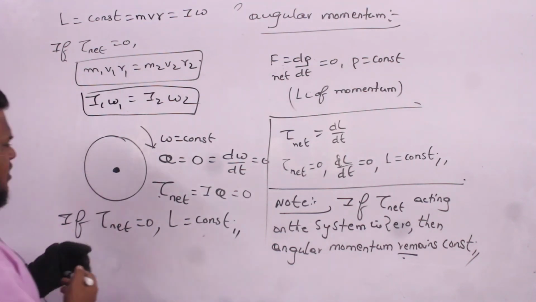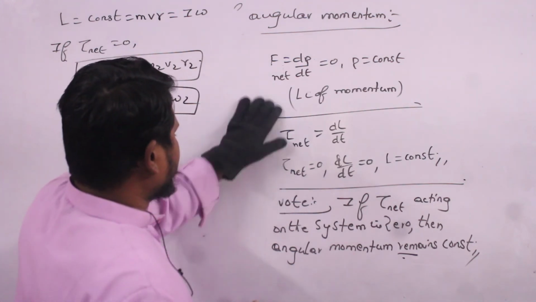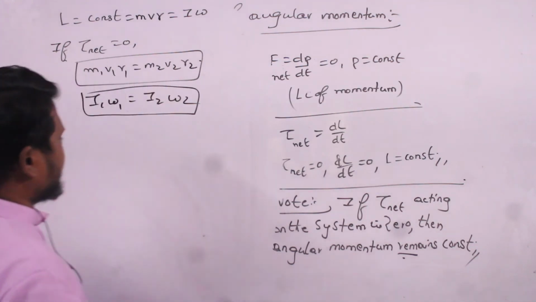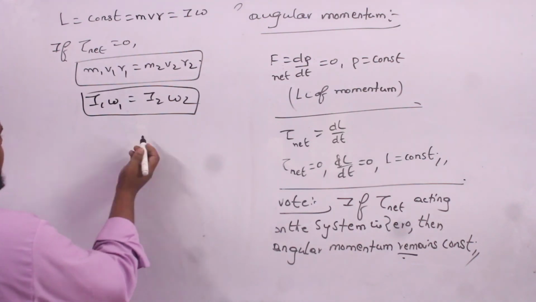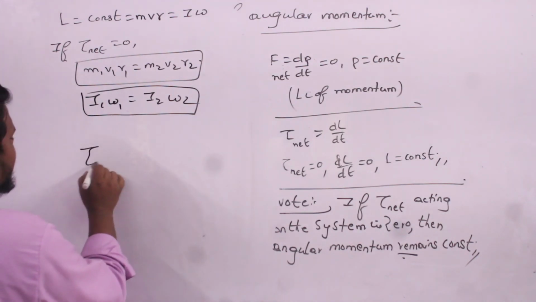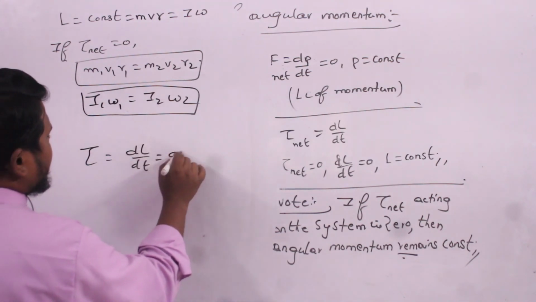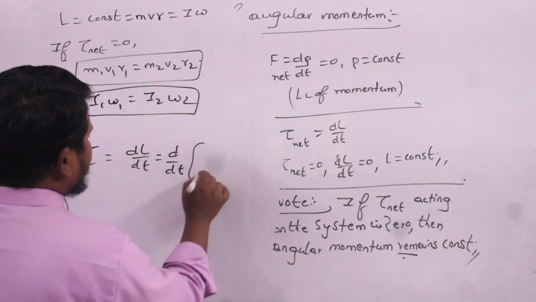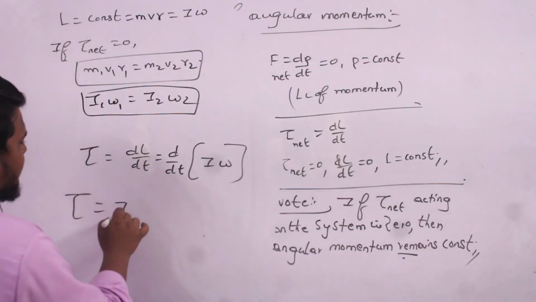Now let us write one more equation for torque. Already we have written it, let us prove that one. Torque is equal to dL by dt. L can be written as I into omega. I is a constant, so take it out of the derivative.